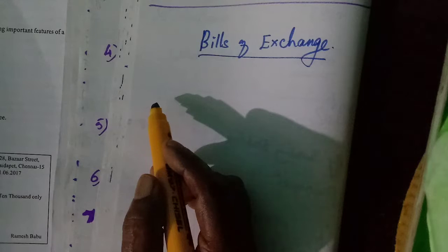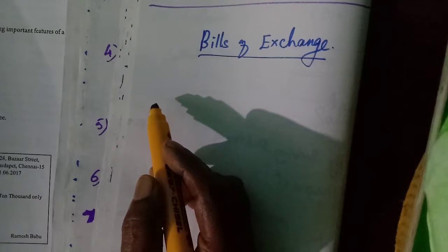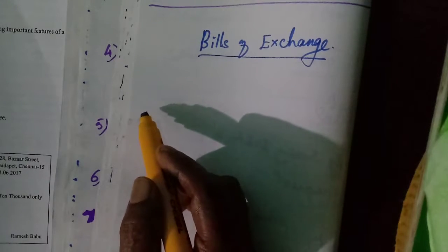Because usually the sales are done for credit only, isn't it? Nowadays the business organizations, in order to increase the volume of sales, welcome the credit sales. Credit sales means the cash is not paid immediately, isn't it?